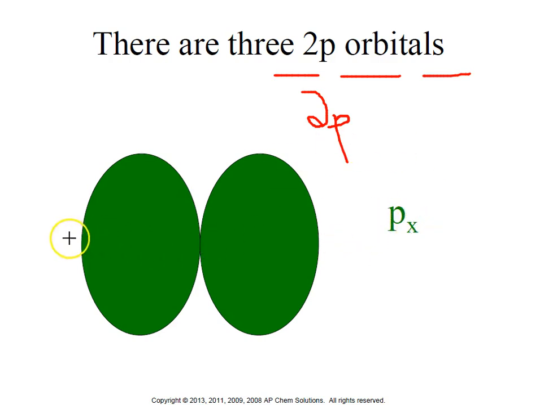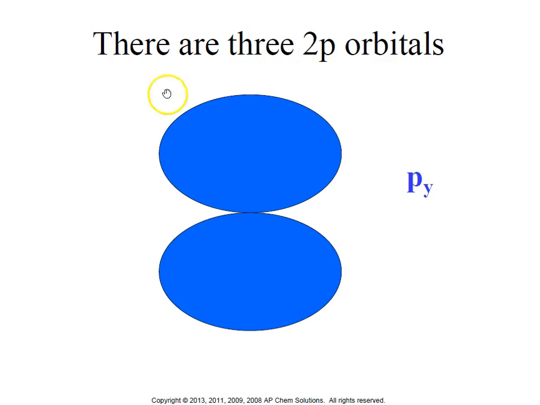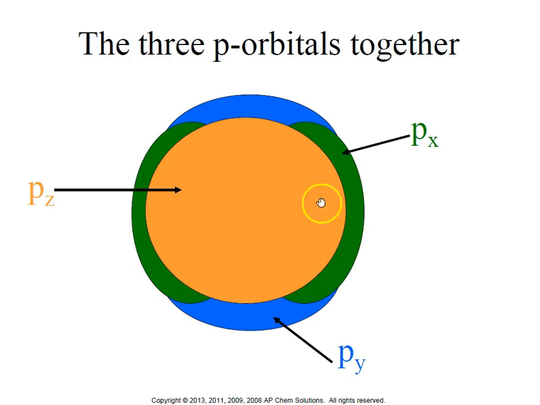All that means is it's oriented along the x-axis. So if you think about an xy axis, px is oriented that way. Then there is, of course, py, which is oriented along the y-axis. And then the third one is called pz, which is oriented in and out of the paper.